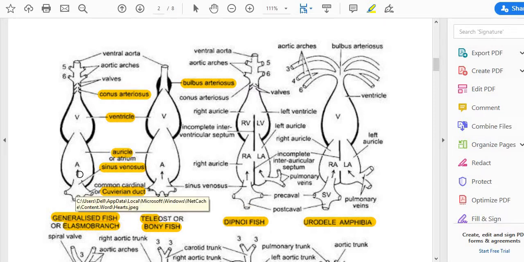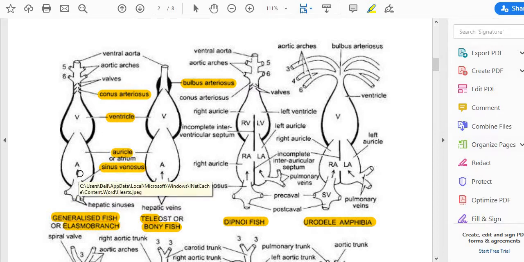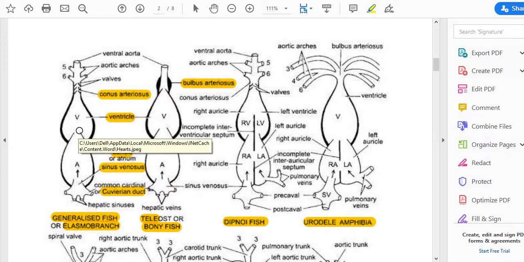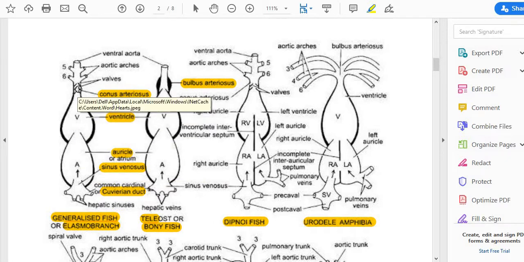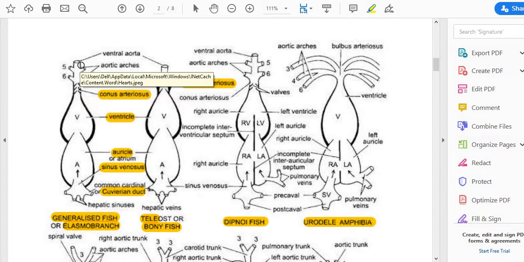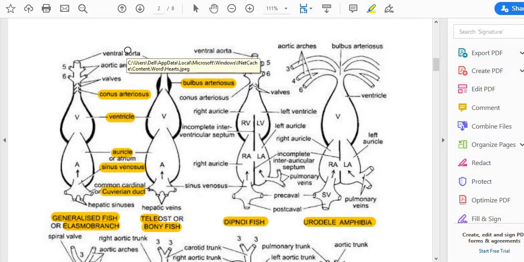From the sinus venosus the blood moves into the auricle or atrium, from the atrium to the ventricle, and from the ventricle into the conus arteriosus and the aortic arches. From the aortic arches and ventral aorta it reaches the pharyngeal gill slits for further purification.